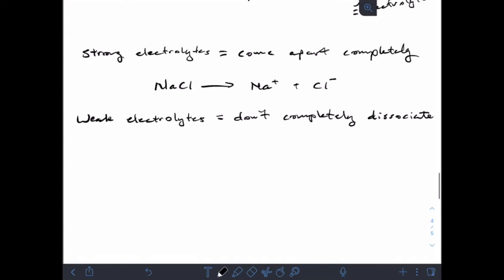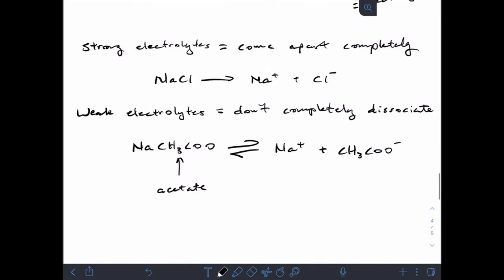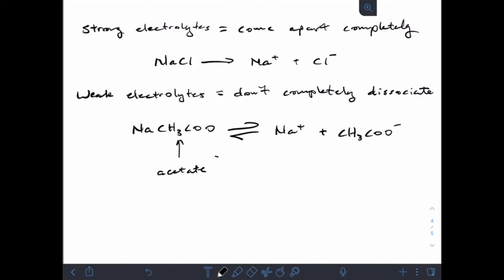So something like sodium acetate, this is our acetate ion. What we get is a double-headed arrow, so some of this is proceeding this direction, and some of it is coming back the other way.